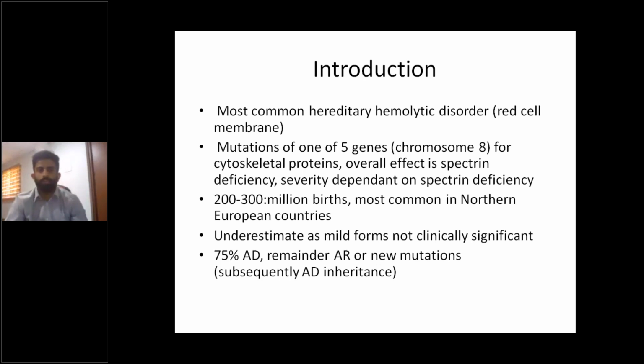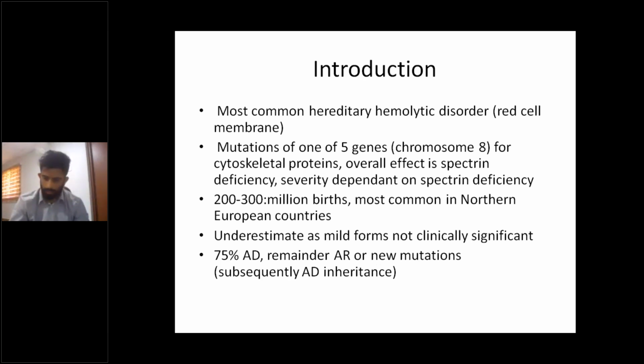So here's an introduction. Most common hereditary hemolytic disorder. This is the most common hereditary hemolytic disorder of the red cell membrane, hereditary spherocytosis. Mutations of one of 5 genes which are present on chromosome 8 for cytoskeletal proteins. So these are cytoskeletal abnormalities that are produced due to mutation of one of 5 genes present on chromosome 8. The overall effect is spectrin deficiency, and severity is dependent on spectrin deficiency.